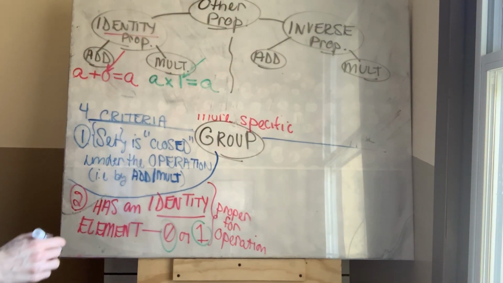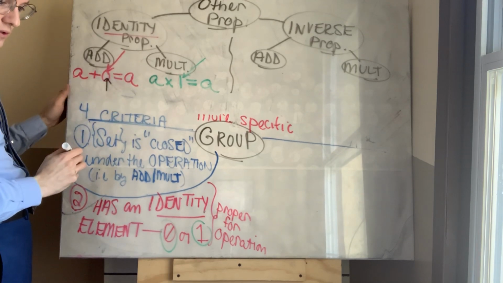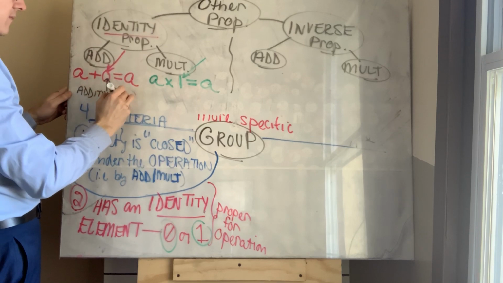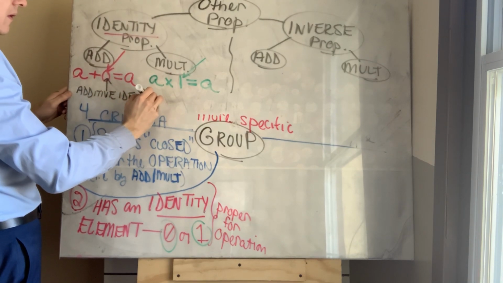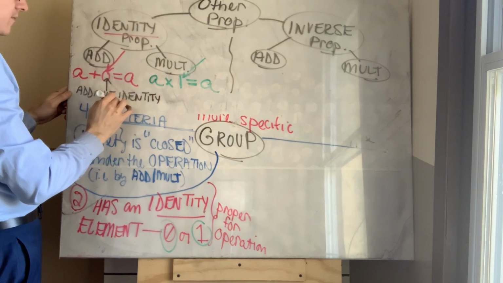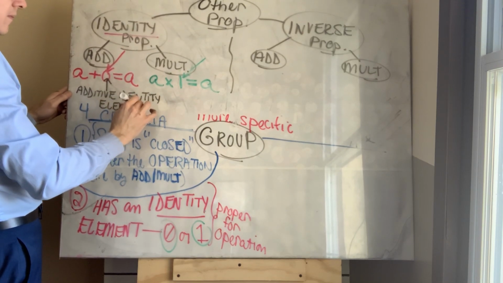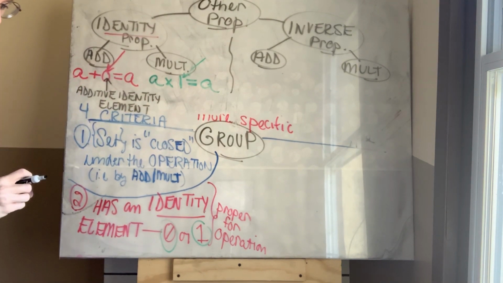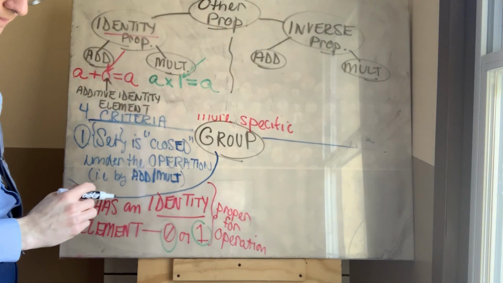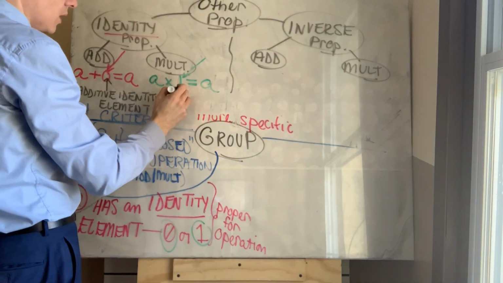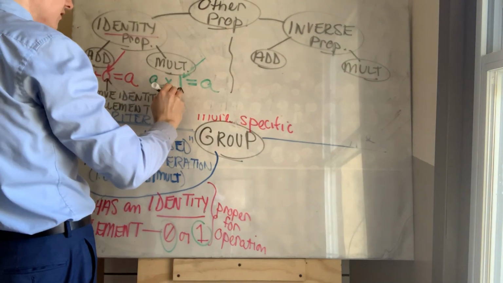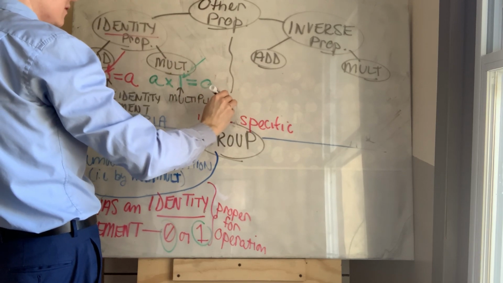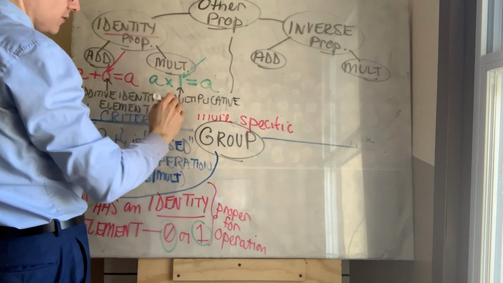To further specify, 0 is called an additive identity element. And 1 is called a multiplicative identity element.